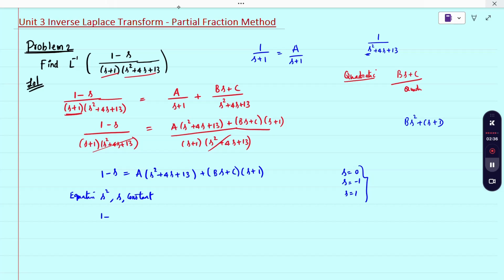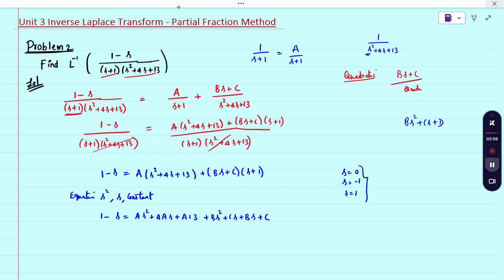So 1 minus s equals as squared plus 4as plus 13a plus bs squared plus cs plus bs plus c. This is the equation.